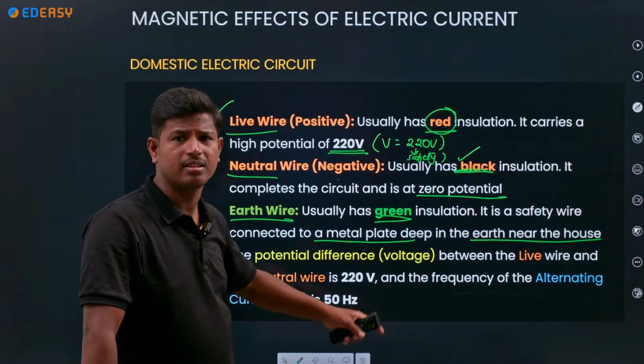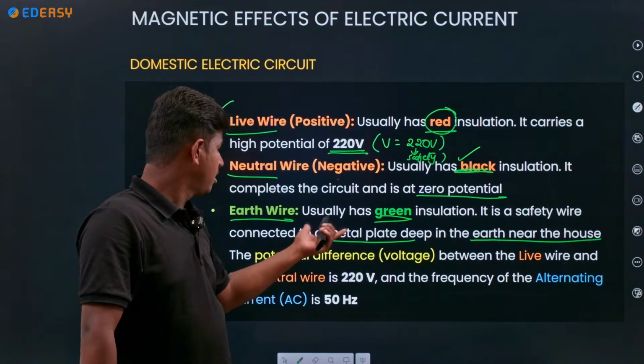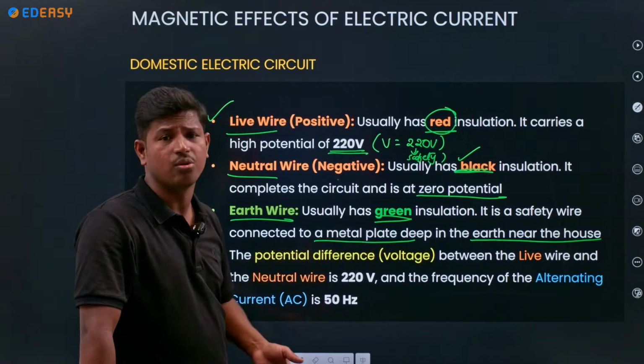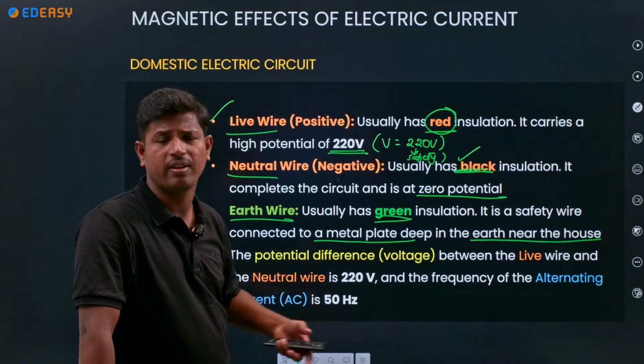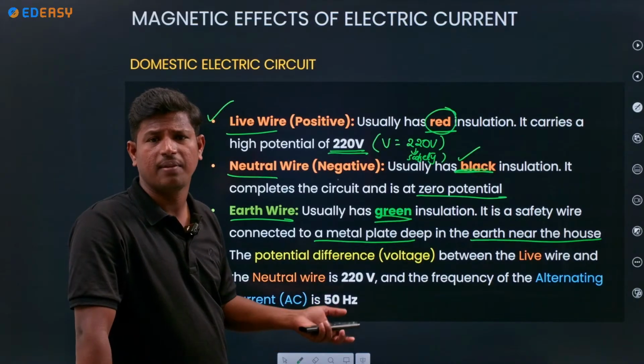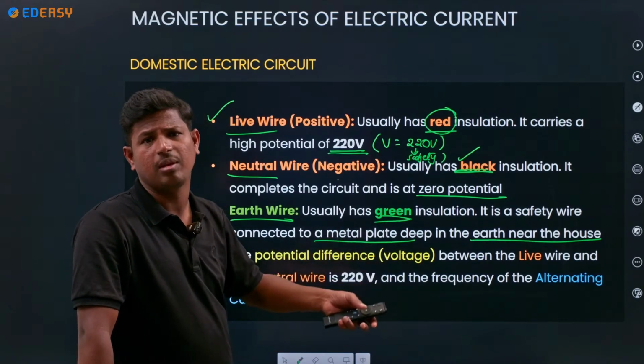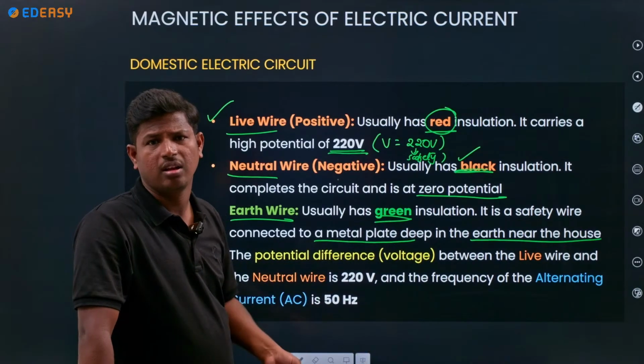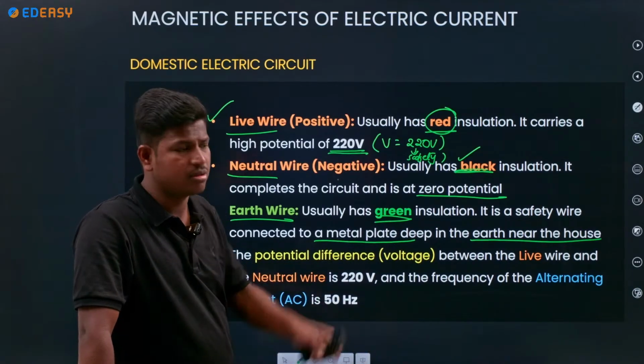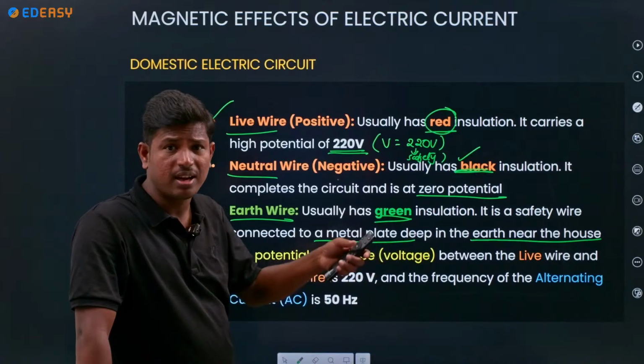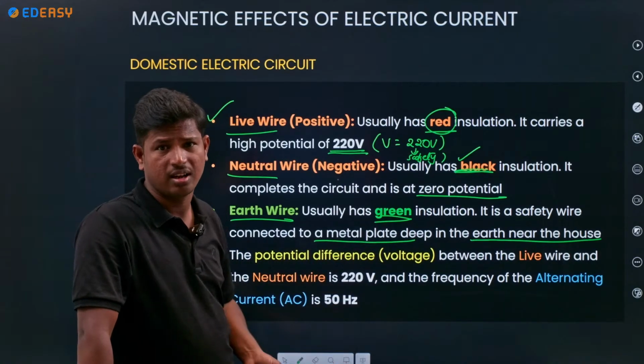Then a wire is connected with the help of the metal plate on the surface. So the wastage of electricity passes through the earth ring.